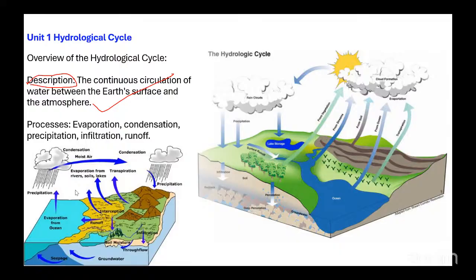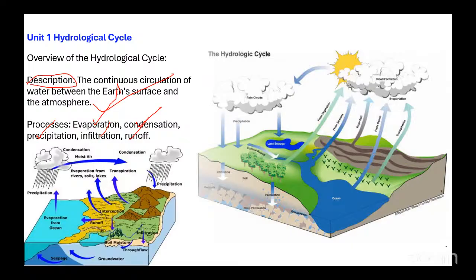And what are the processes involved in this cycle? Evaporation, condensation, precipitation, infiltration, and runoff. These 5 processes are involved in the hydrogeological cycle.